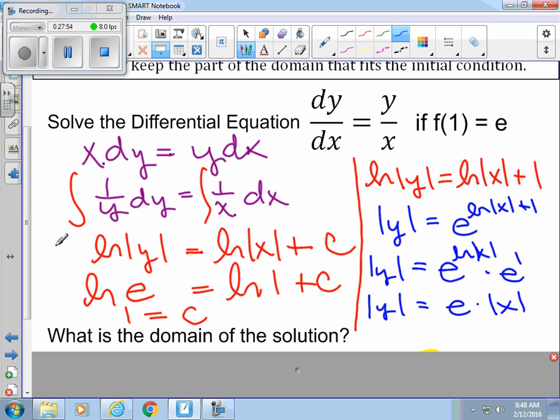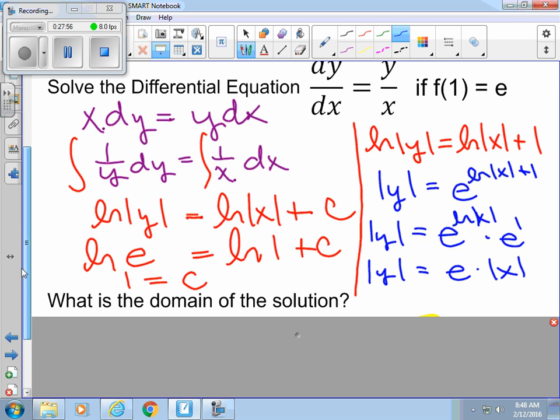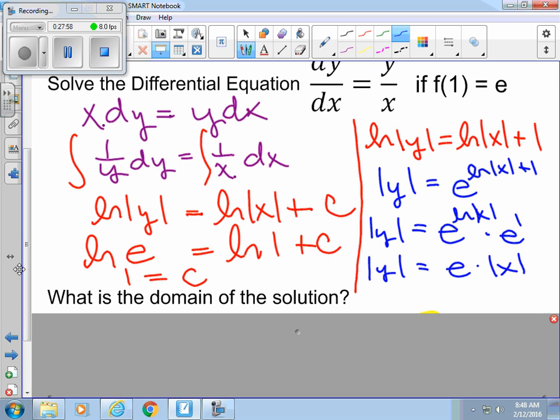Now I need to decide on plus or minus. I actually have two absolute values, but if I plug in 1 and get a positive e, what does that mean for whether this is the plus or the minus? Positive. So y just equals e times x.